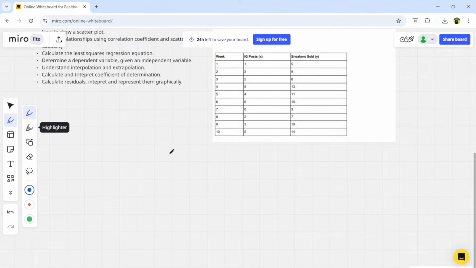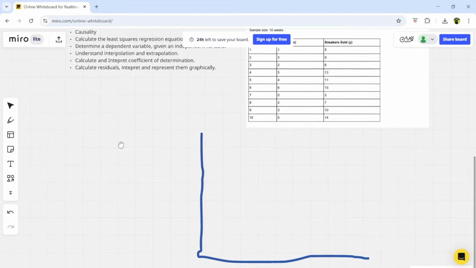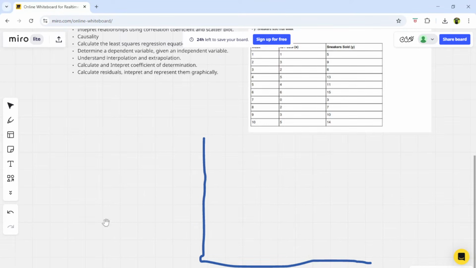Right, so I'm just going to do a rough sketch of the scatter plot, and it's going to look something like this. Let me just shift it down a little bit more. Here we're going to have the X variable, which is the IG posts per week.